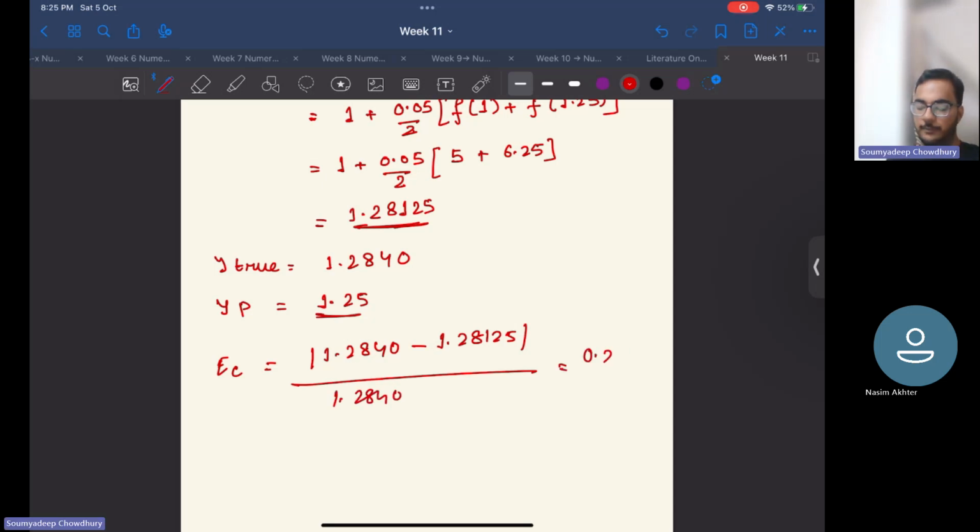So here your error, if you calculate, is only 0.22%. So did you get this thing? Why are we doing these two steps, one for predictor and one for corrector method? Yeah, first we are predicting it, then we are correcting our numerical value. Clear, right? Yeah, it is clear.